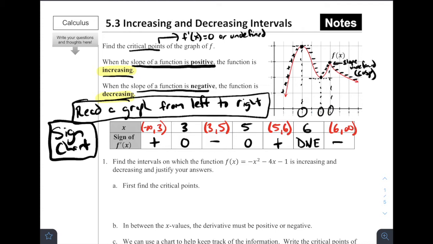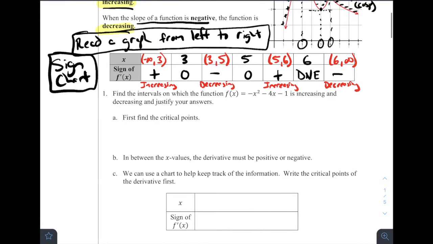Again, I'm going to emphasize here, we know that this function is increasing on these two intervals because the derivative is positive, the slope of the function is positive, while it is decreasing on that interval and this interval here because the slope of the tangent line is negative on those intervals.